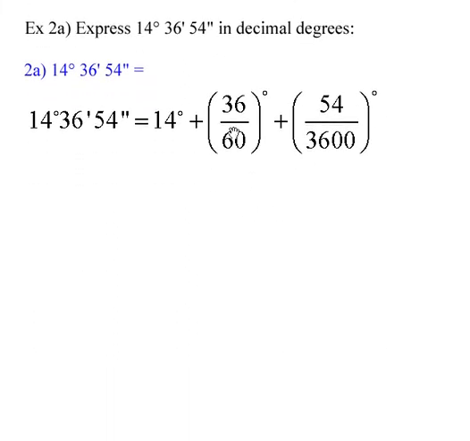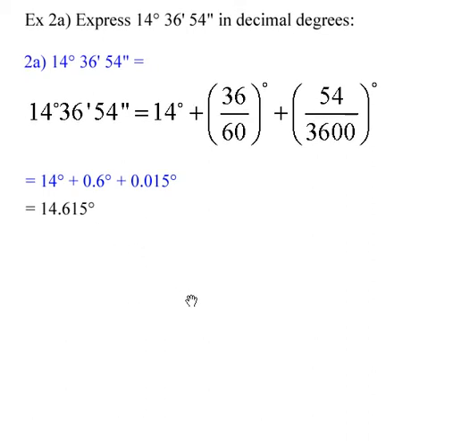So let's take our calculators and divide those out and see what we get. So the 14 degrees is there. The 36 divided by 60 is 0.6, 6/10ths of a degree. And the 54 divided by 3,600 is 0.015, or 15/1000th of a degree. If we add those together, 14 plus 0.6 plus 0.015, we get our decimal answer, 14.615 decimal degrees.